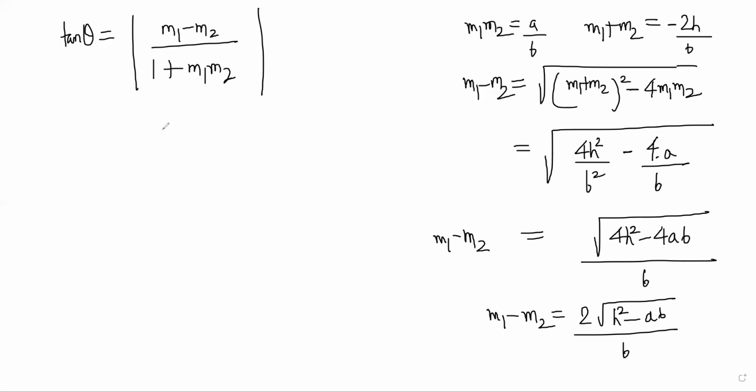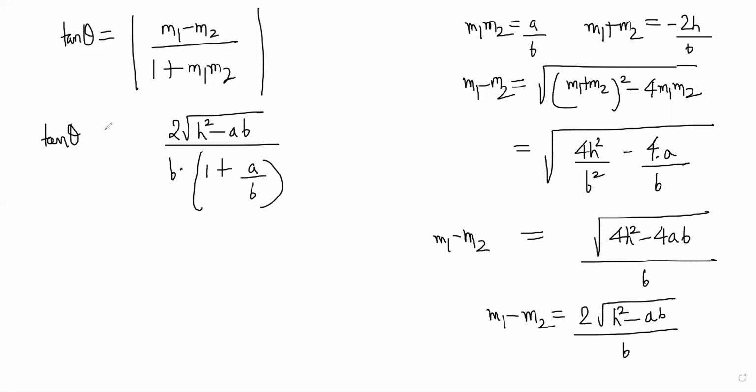So the top part is 2 times root over h square minus ab by b, and 1 plus m1 m2 is 1 plus a by b. So what we get now is tan theta equal to 2 root over h square minus ab, by a plus b.